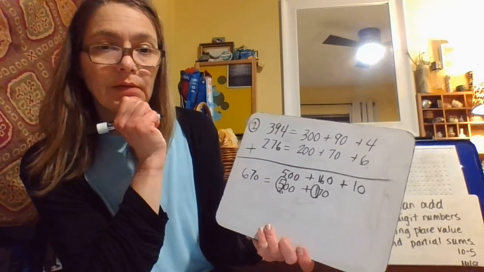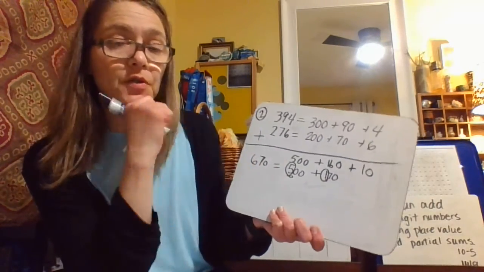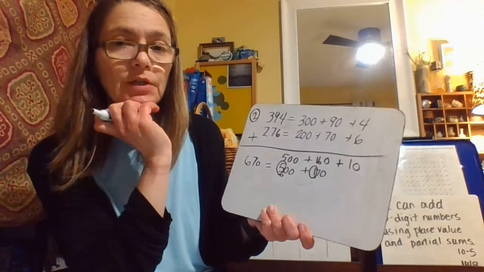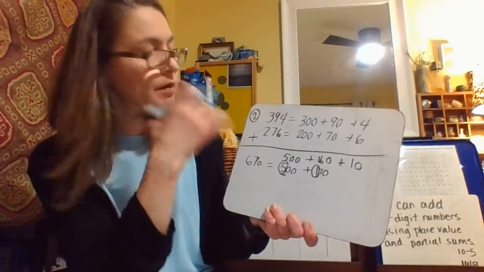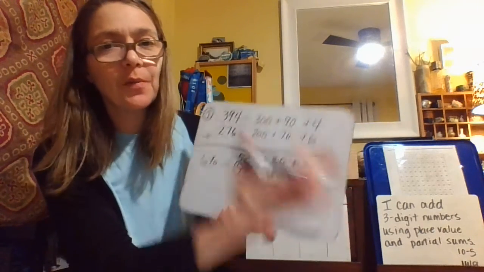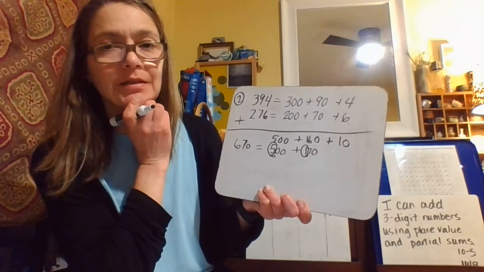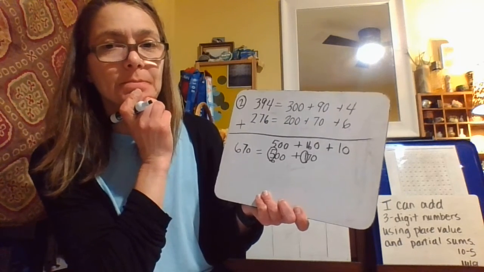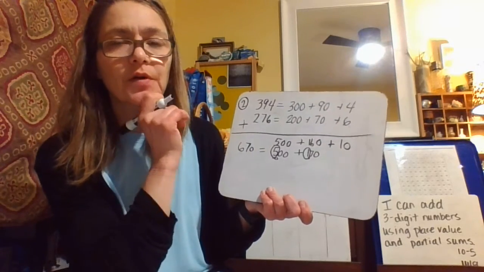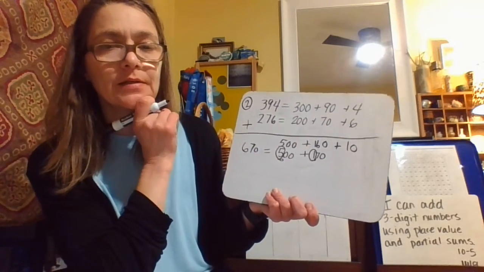Okay? And that is also partial sums. But instead of doing the grid with the place value chart, you are doing expanded form the way we practiced it last unit. Okay, and if you were in my class, we did it every morning with our number of the day.